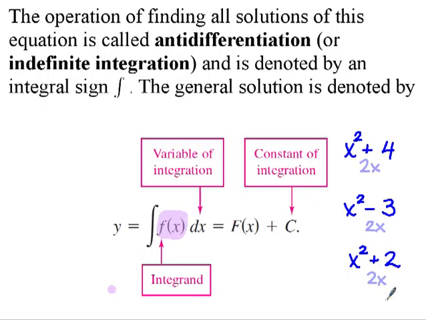So that's the derivative, right? With integration, we are starting here with the 2x and going backwards. Each of these three functions gives us a derivative of 2x. So what this plus C accounts for is all of the possibilities you could have right there.